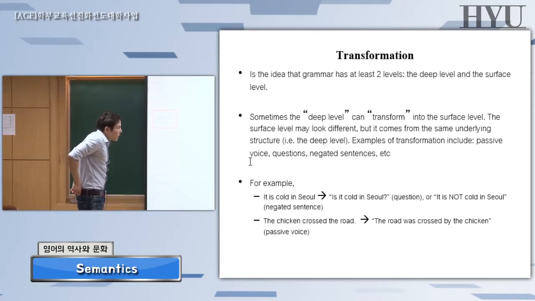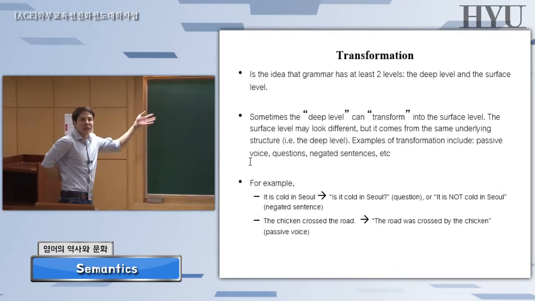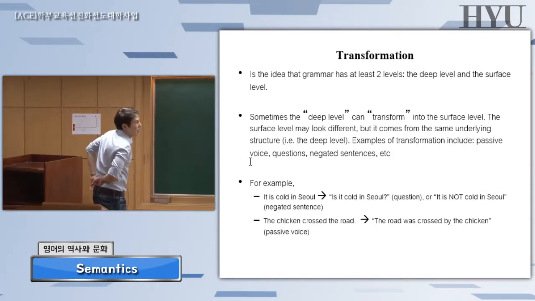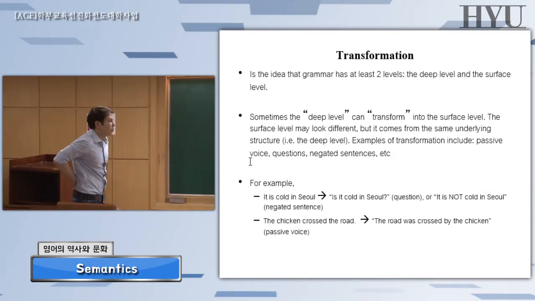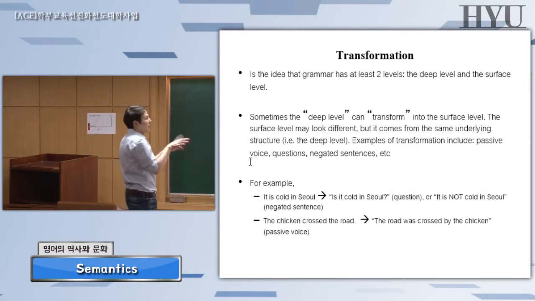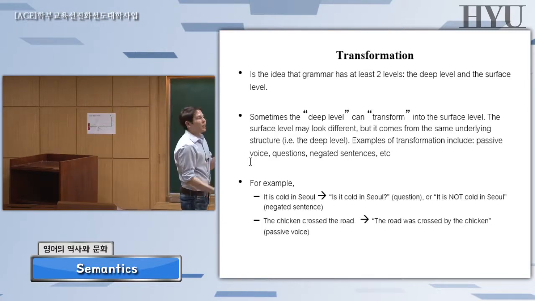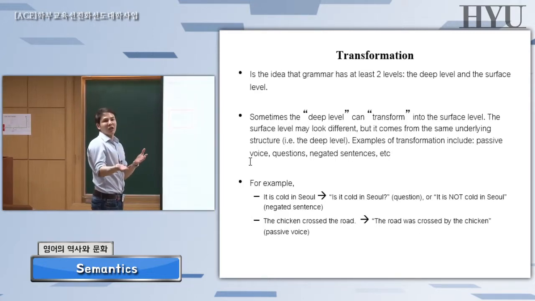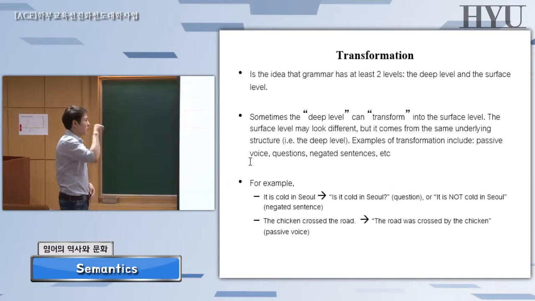Transformation has to do with the idea that grammar has at least two levels. This is the handout from last time, the PowerPoint file from last time. It's the idea that grammar has at least two levels, the deep level and the surface level. Deep here doesn't mean deep, deep, deep. Deep here means the level before it changes, right?